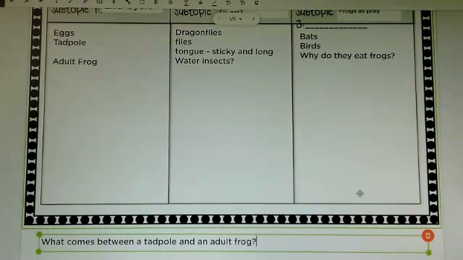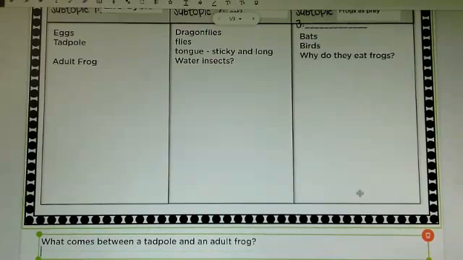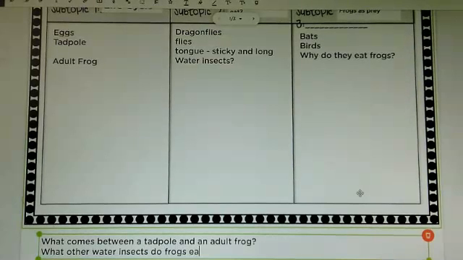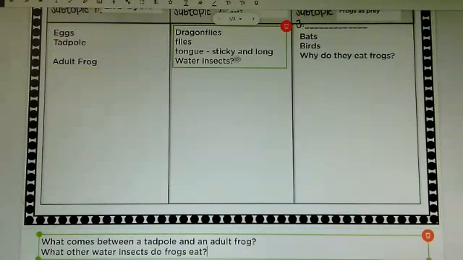That's one question I need to research. Something else I need to research? What other water insects do frogs eat? Because I have that one right here. So this is where I'm missing information, and this is where I have a question.